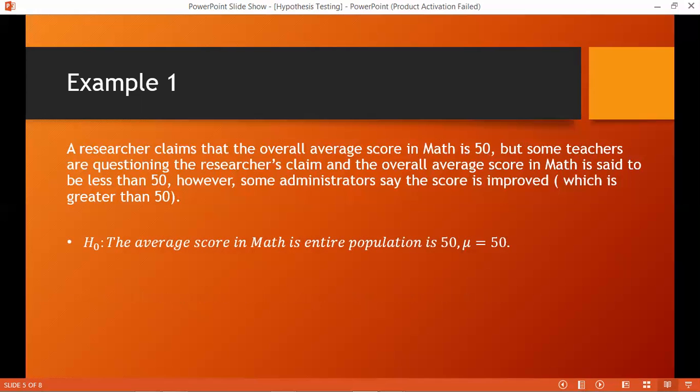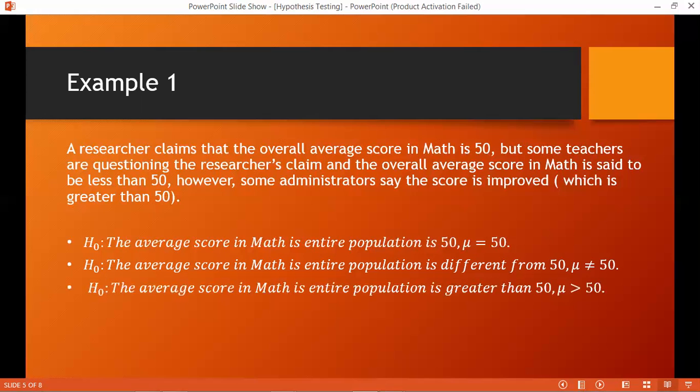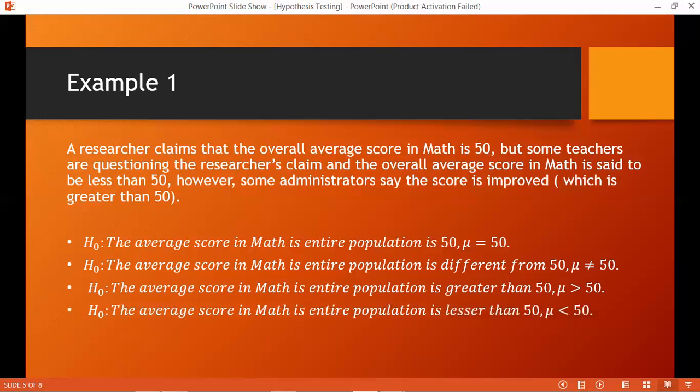The average score in mathematics in the entire population is 50. Therefore, we have mu is equal to 50. Now, by the way, in writing hypothesis, pwede siya in words, pwede rin siya in symbols. For the alternative H sub A, pwede siya na the average score in math in the population is different from 50. In symbols, that is mu is not equal to 50. Pwede rin naman greater than 50. Or pwede rin less than 50.